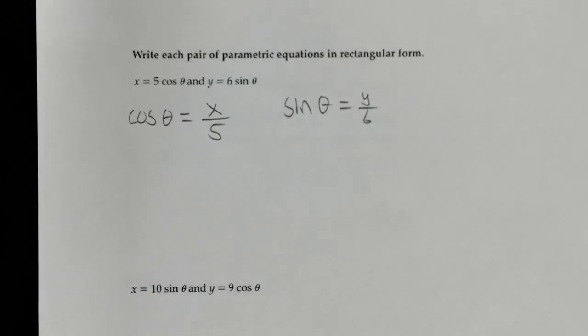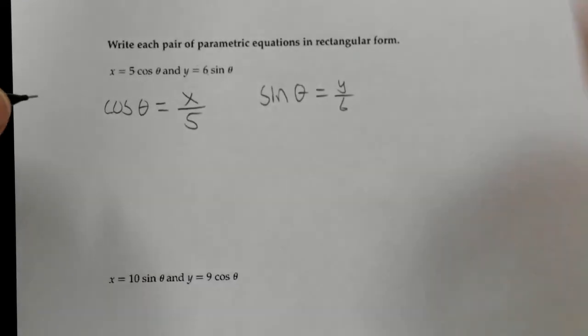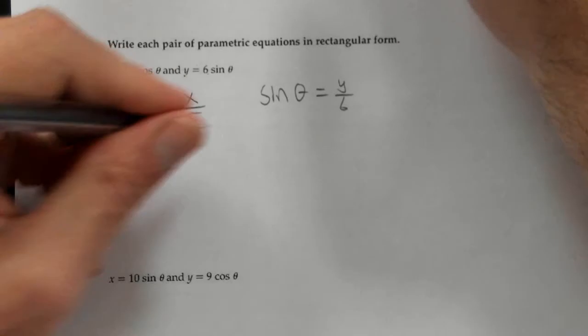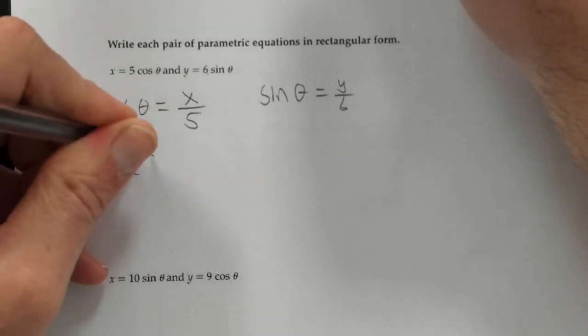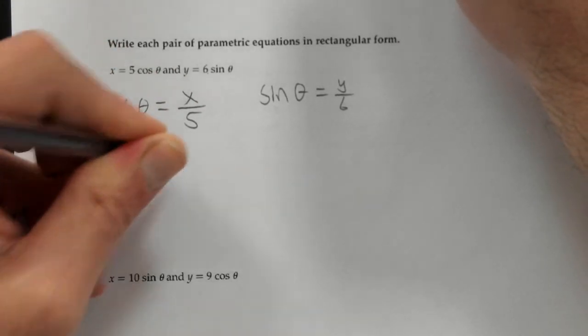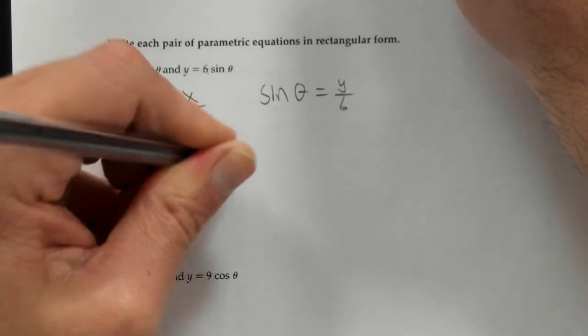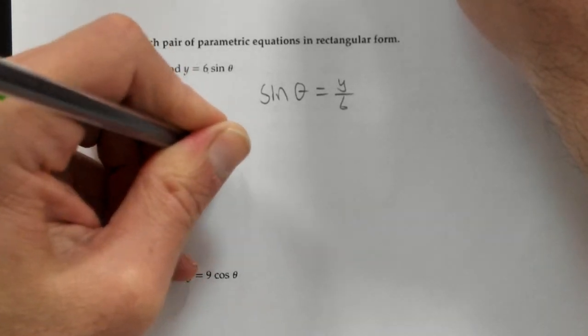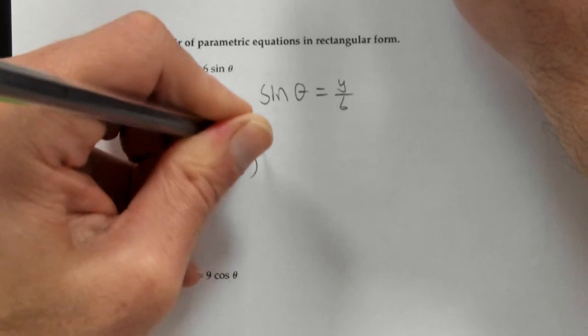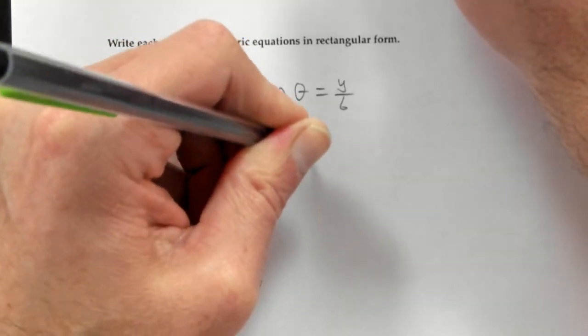Then from here, I can plug into the Pythagorean identity, which will give me x over 5 squared plus y over 6 squared is equal to 1.